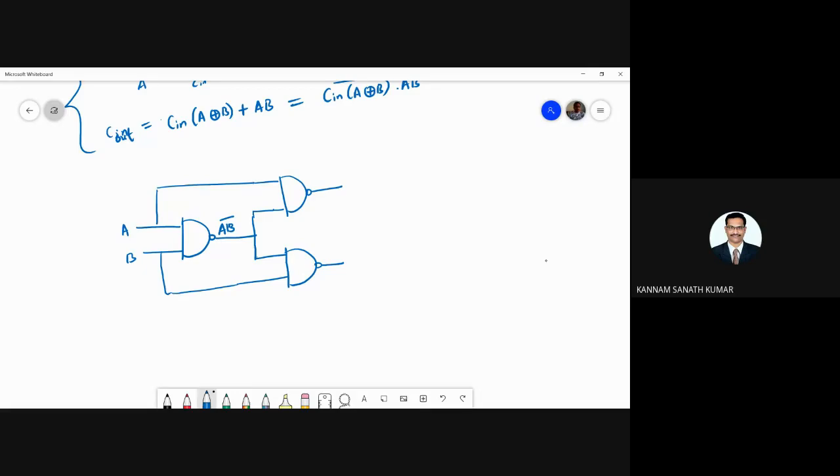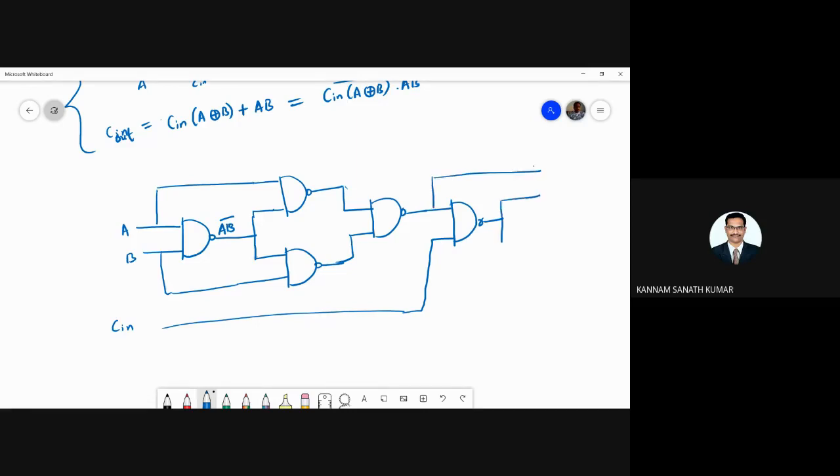Again the output is given to one more NAND gate. Again here you have Cin, given to a NAND gate. Again it is given to one more NAND gate.